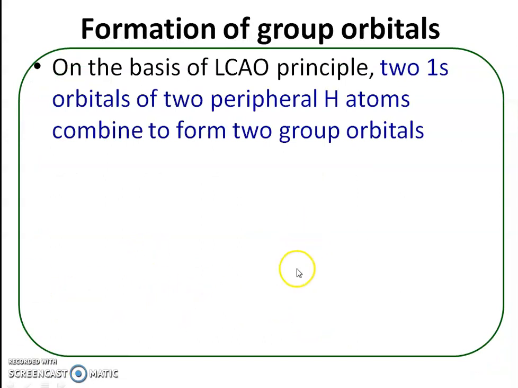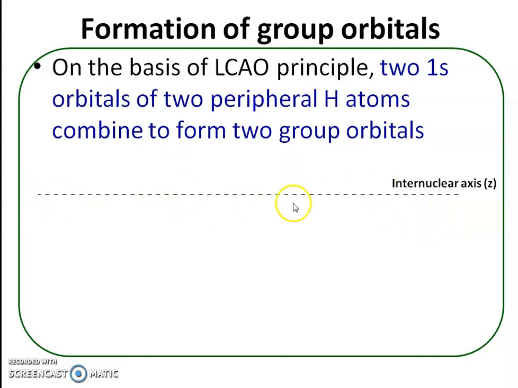Now the central atom and peripheral atoms are already selected. Then the next step is formation of group orbitals from the peripheral atoms. You know, the 2 hydrogen atoms are the peripheral atoms, and on the basis of the linear combination of atomic orbitals principle, the two 1s atomic orbitals of the 2 peripheral hydrogen atoms combine to form 2 group orbitals. For example, consider the internuclear axis. Normally it is the z axis.